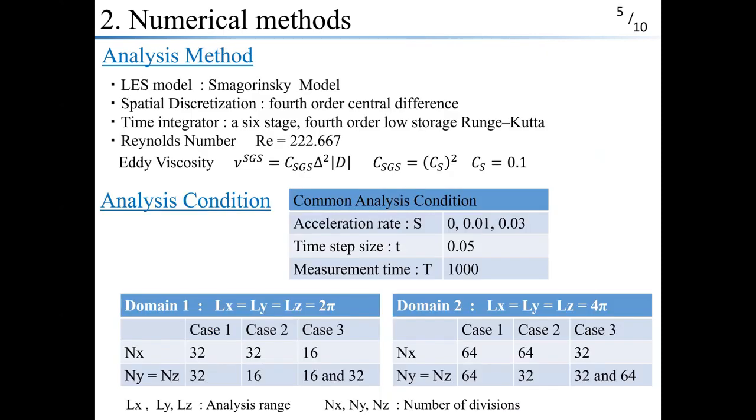Based on prior research, this study used a first-order central difference scheme for spatial discretization and a second-stage fourth-order Runge-Kutta method for time integration. The Smagorinsky model is applied with a constant, and the Reynolds number is set to 222.667.